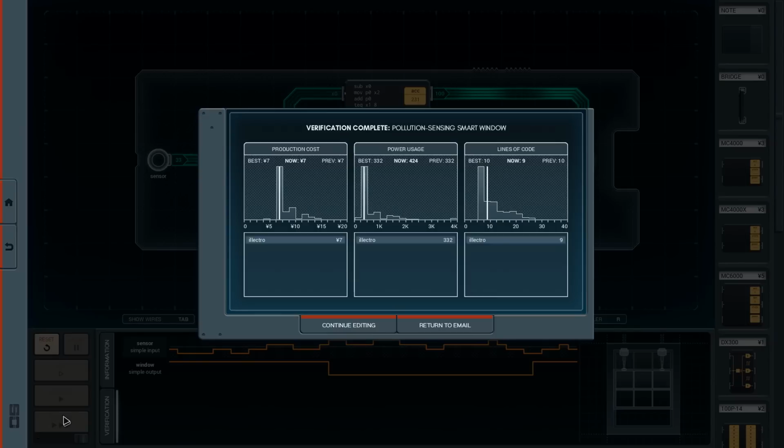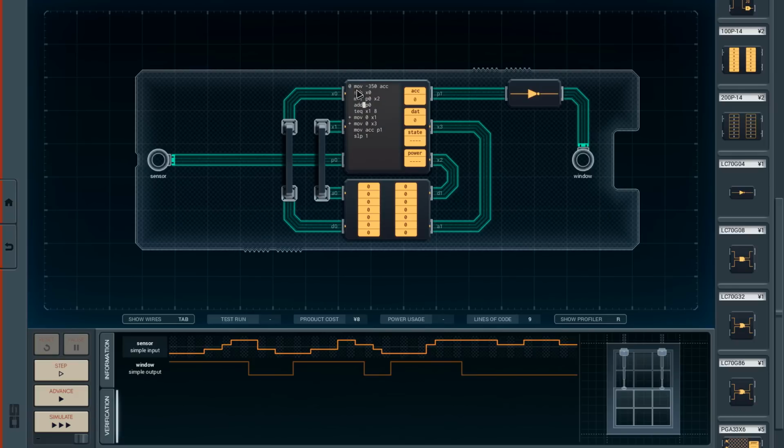My power usage is down to, well, my best is 332, but apparently the gen instruction uses a bit more power, so different ways to optimize for this. One final optimization was that if you initialize the accumulator to minus 350, then once you get above 400, this will contain 50, which will be the value at which this goes positive.